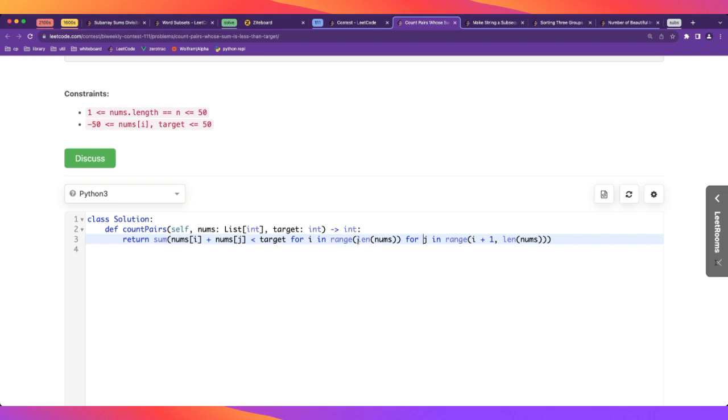So that means that the total number of iterations is going to be 1 plus 2, and so on up to n minus 1. And we know the formula, and if you want to learn how to derive it, you can see my previous video. It's going to be n times n minus 1 divided by 2.